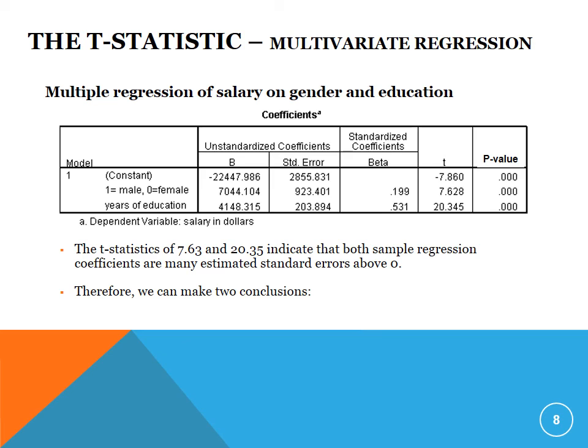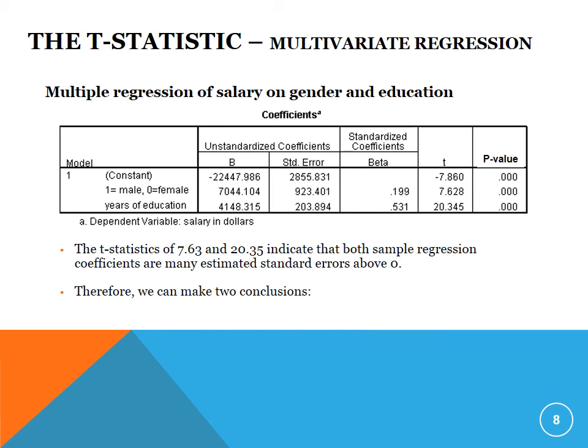All right, so let's look at a multivariate regression and talk about our T-stat. So we've got two variables here, gender and education. In terms of their T-stat, we see that for gender it's 7.63, for education it's 20.35, and they're both well above 2 standard errors.